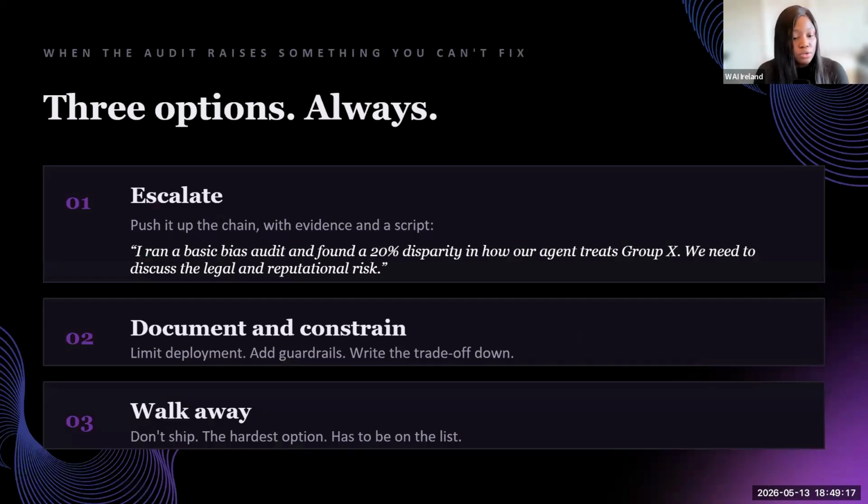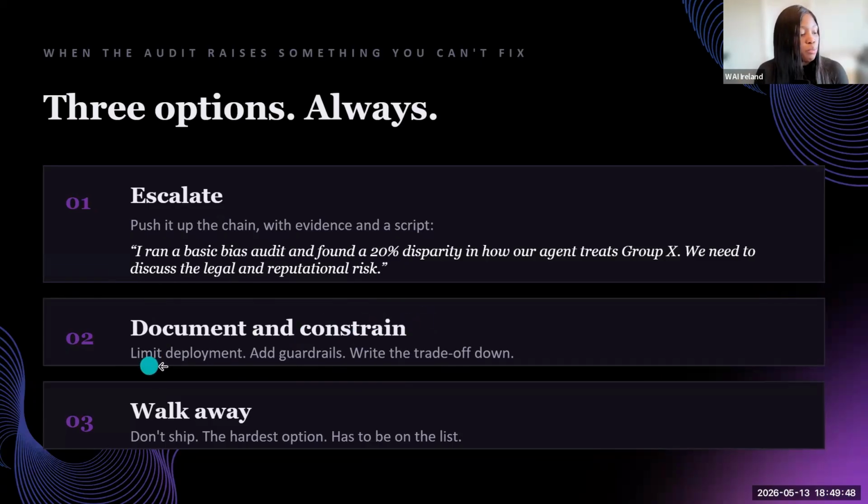And so, you've run the canvas, you've looked at your system systematically, and you probably identify certain issues. What next, right? These are just some options. You may want to escalate, particularly if you're working within a team. Push it up the chain with evidence, of course. You document whatever you find and escalate that. You can document, and in that process also constrain the use of that system, right?